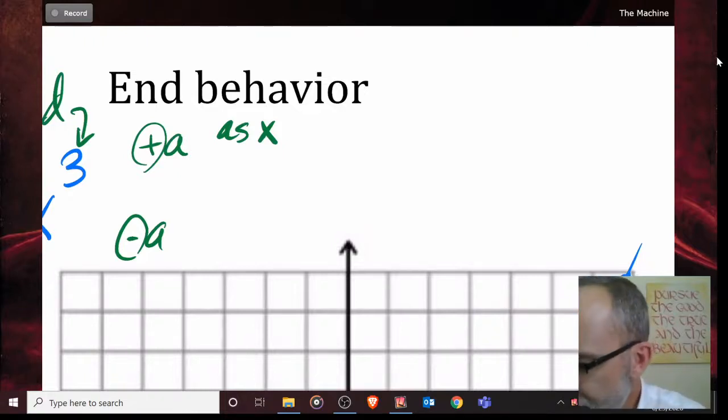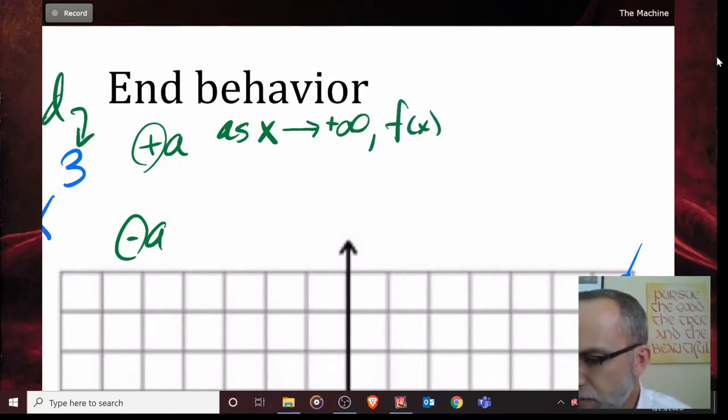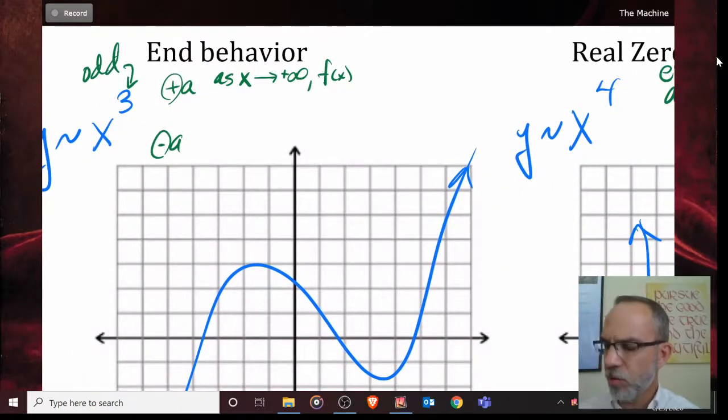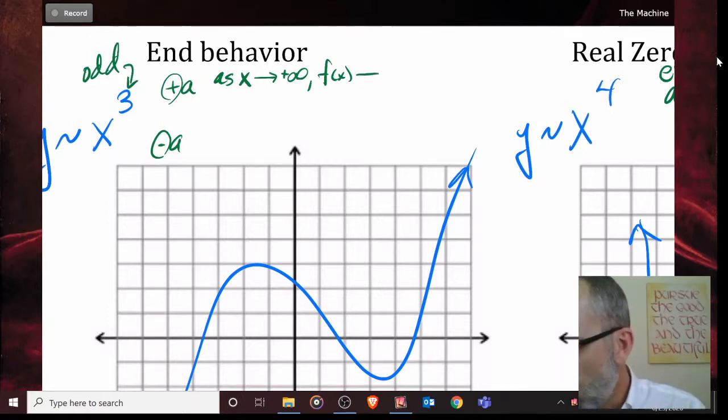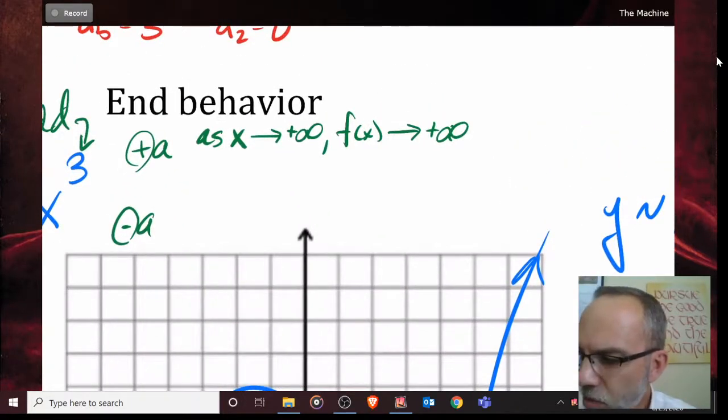I will use this: as x goes to positive infinity, because that's going to the right forever. The little arrow means as it goes towards that thing. As x goes to the right forever, what happens to the y value, f of x? Well, what did our graph of x something something cubed do? It goes up forever. How do I write up forever with an f of x? Also positive infinity. But you have to realize here that x only goes left and right.